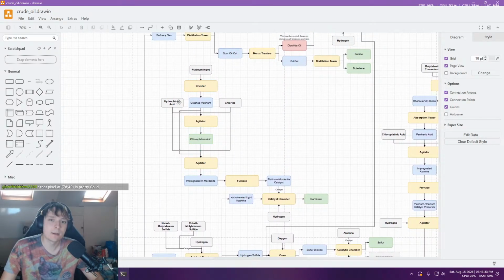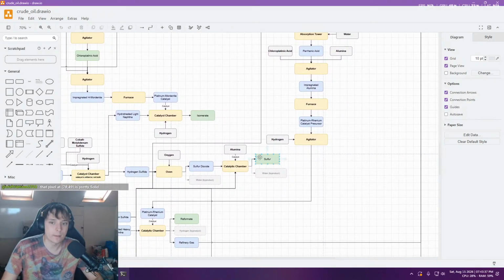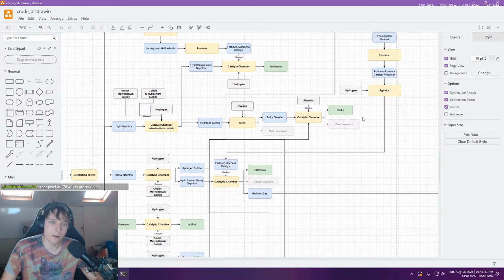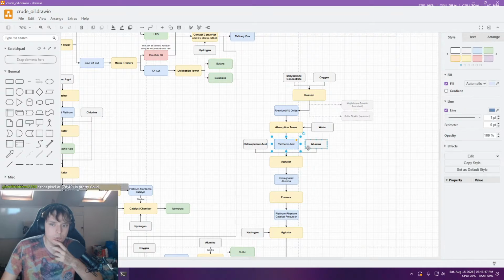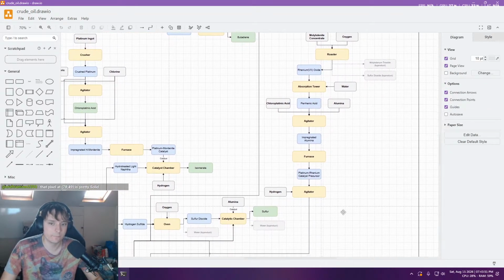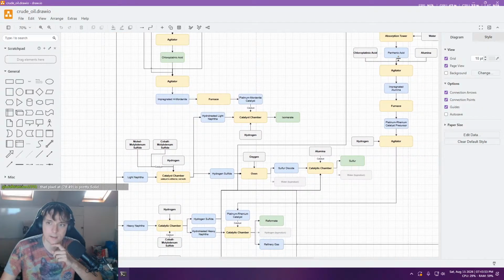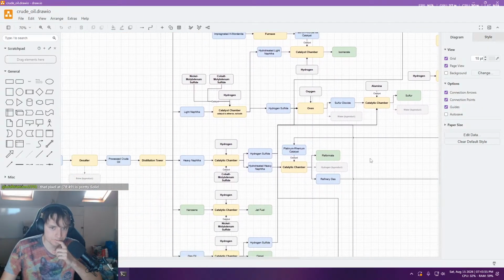Chloroplatinic acid is one of the big ones, which is used in quite a few other places. Sulfur can come out of here as well. A lot of these are desulfurizing. There might be a case where perrhenic acid is used elsewhere, but I haven't found a use for that yet, hence it's not green.